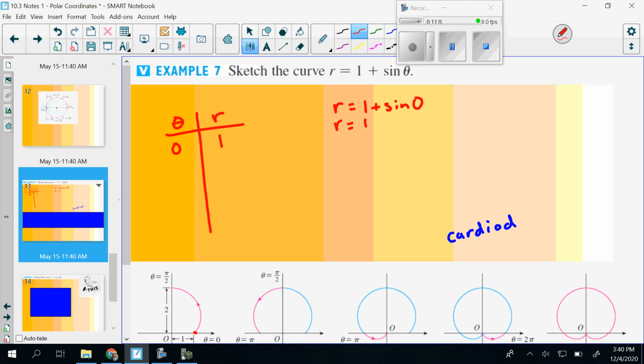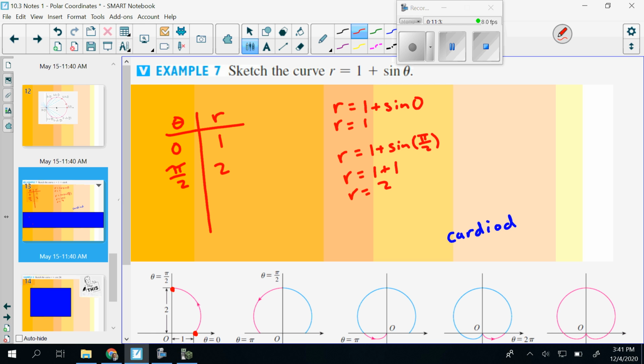So our starting point here is at 1, 0. If we were to do another point, say at pi over 2, r equals 1 plus sine of pi over 2. Sine of pi over 2 is 1, so you get r equals 1 plus 1, or r equals 2. And so here r would equal 2. So that would be this point right there.